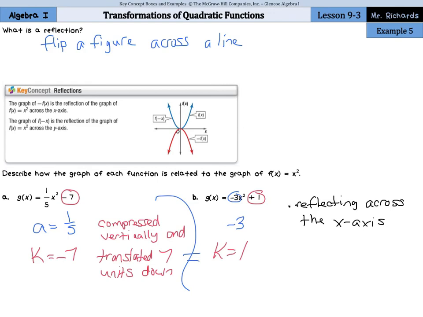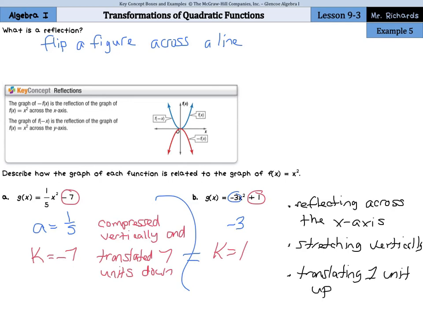We are going to be stretching vertically, since that is a 3. And we are also going to be translating 1 unit up. So 3 things there.